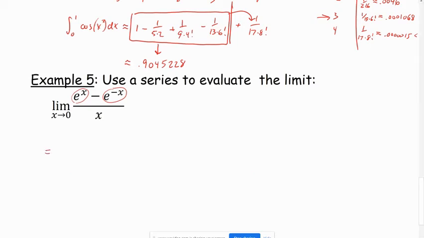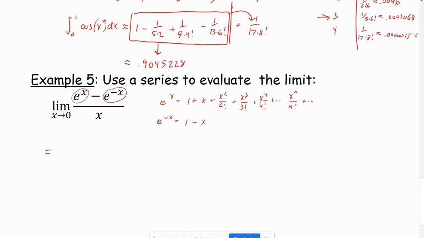Okay, so the Maclaurin series for e to the x is 1 plus x plus x squared over 2 factorial plus x cubed over 3 factorial plus x to the 4th over 4 factorial, and so on and so on. It's x to the n over n factorial in general. The Maclaurin series for e to the negative x is the same series, but we just replace all the x's with negative x.